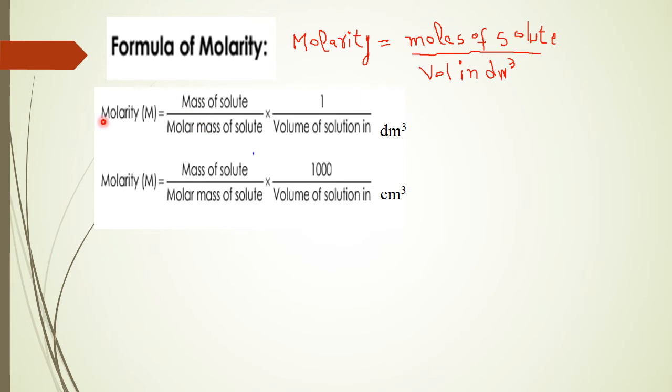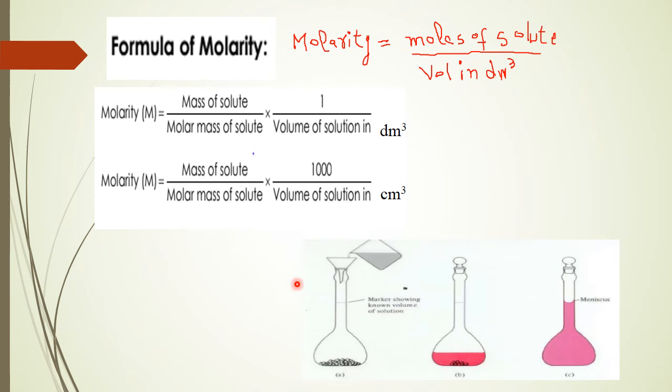If the mass is given to you, then you have to use this formula of the molarity. If mass is given, first of all you have to calculate the molar mass, then put the values in this formula, then you get the molarity of a specific solution. Is it clear to you?